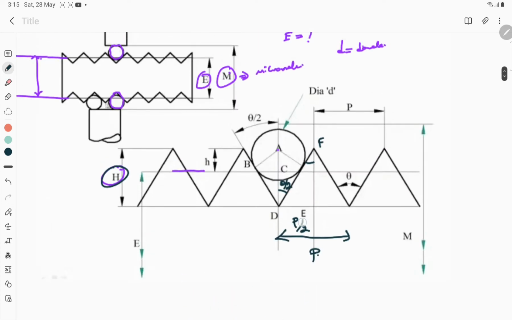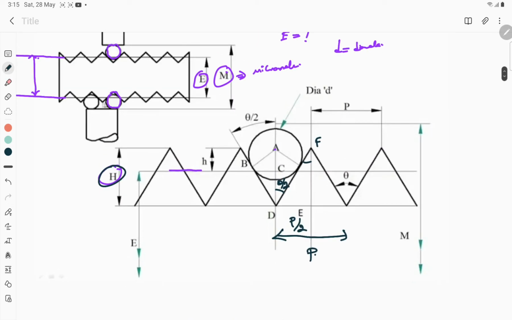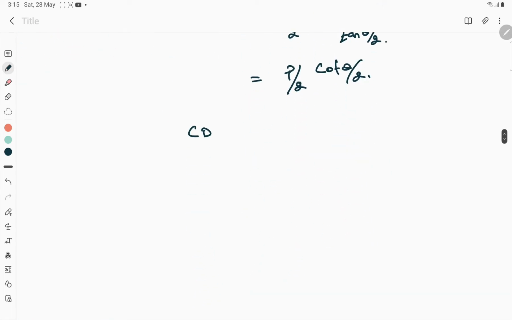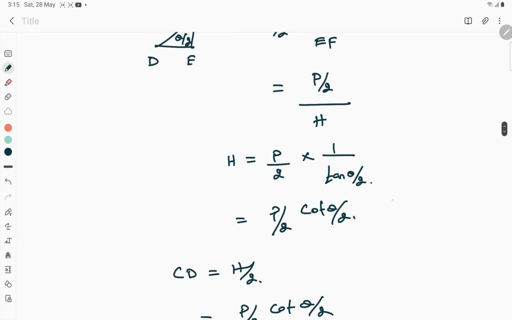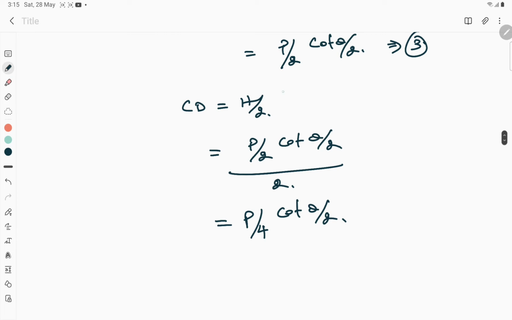CD will be half of h, so CD is h by 2, equal to p by 2 cot theta by 2 divided by 2. So it will become p by 4 cot theta by 2. Let us assume this is equation 3, this is equation 4.